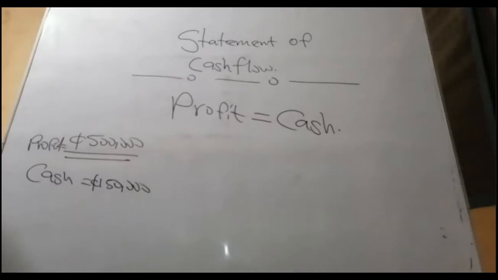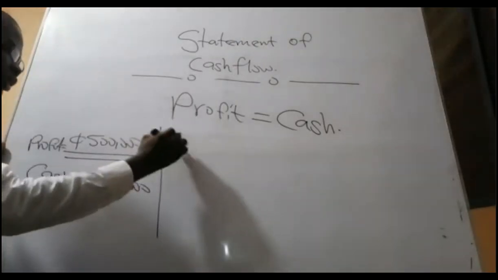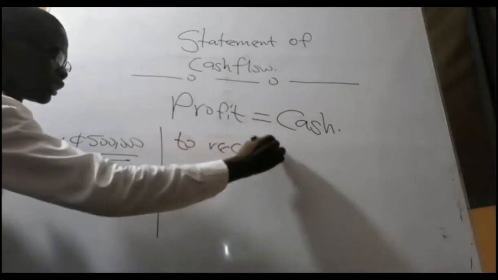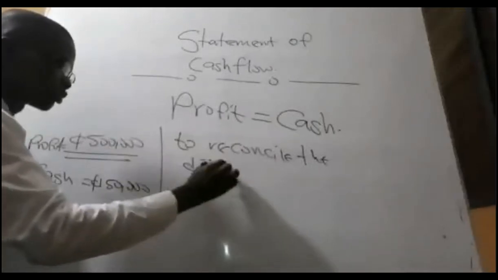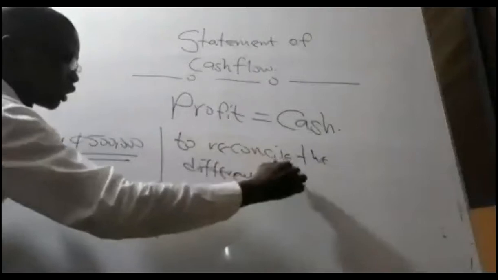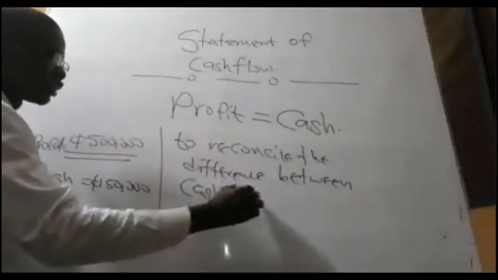So the cash flow statement is there to reconcile the difference between profit and cash. It is a statement that we prepare to reconcile the difference between cash and profit.